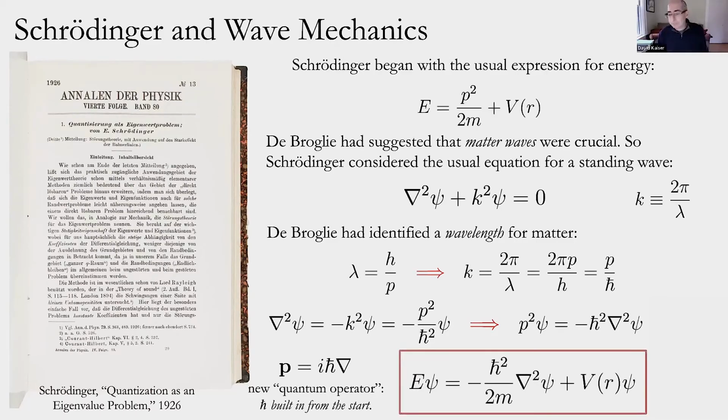And so with that series of reasonings, Schrödinger arrived at what we would now call the time-independent Schrödinger equation. And you can see where it comes from. It's starting from the typical relation between kinetic and potential energy, but trying to plug in and quantify these insights from de Broglie right from the start.